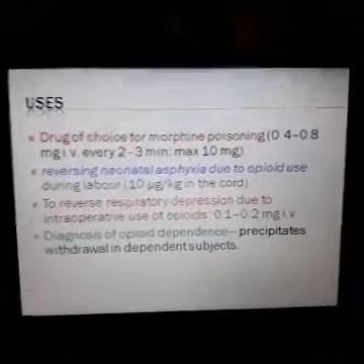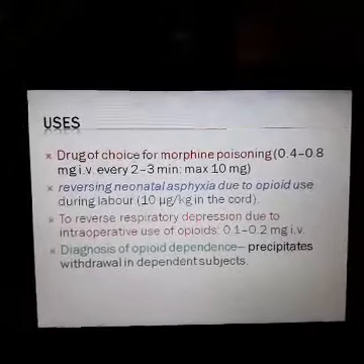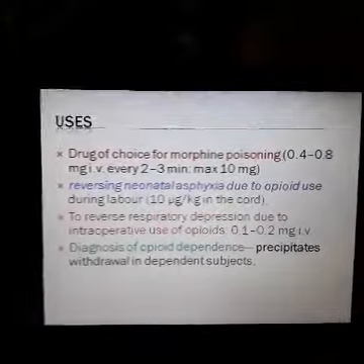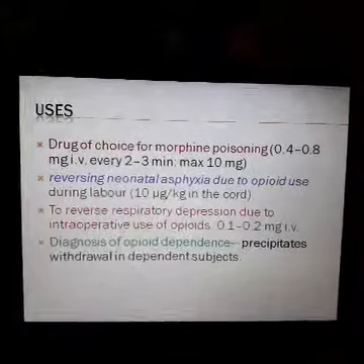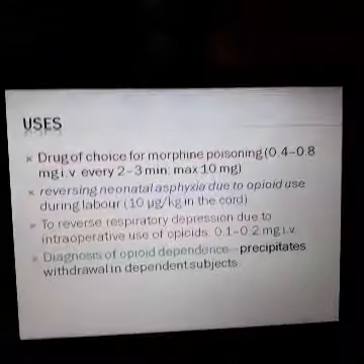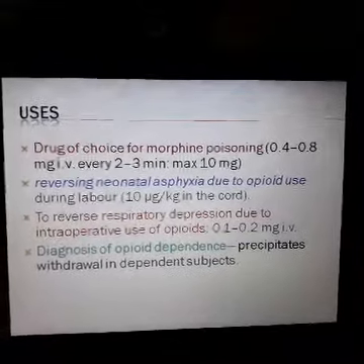Diagnosis of opioid dependence. Often, patients who are taking morphine or heroin illegally, the illicit drug users, do not agree when a drug history is asked for. He or she does not admit whether he is taking the drug or not.